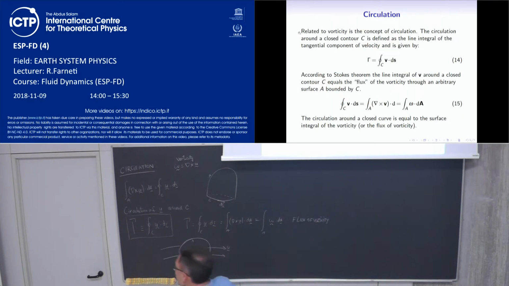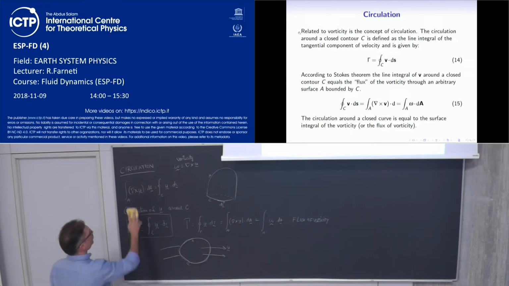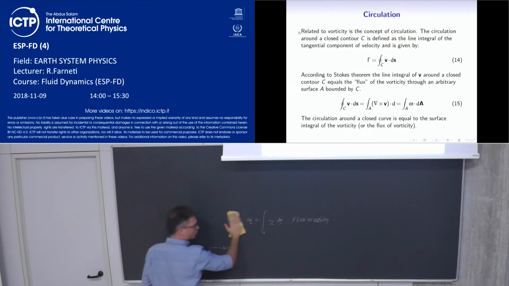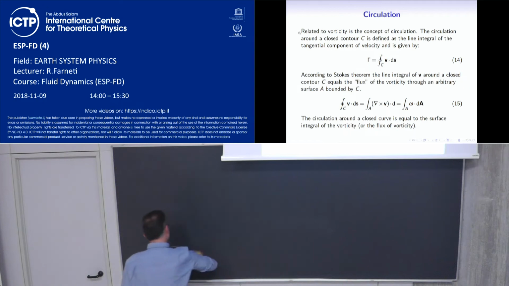Okay, so we defined the streamline and the stream tubes. Well, we can also define something else, which is a collection of streamlines, which is the stream function.